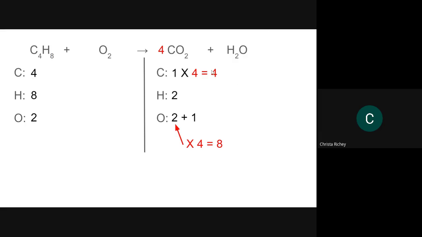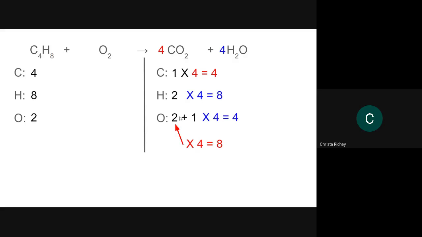So 4 is equal to 4. Awesome. Okay, well, 8 is not equal to 2. I want them to both be the same smallest number evenly, which happens to be a total of 8. 8 times 1 is 8. 2 times 4. Once again, it's the multiplication number that goes in front of the compound. So 4 times 2 is 8 hydrogens. 4 times 1 is 4 oxygens.